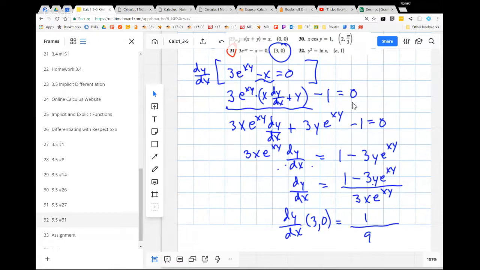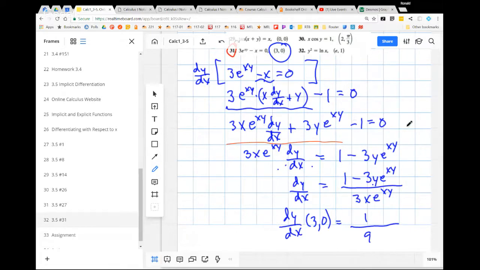Okay. Then I've got to take this 3e to the xy times these two quantities in parentheses, the distributive property, which I did. That's what this is, 3e to the xy times x dy dx, and 3e to the xy times y.